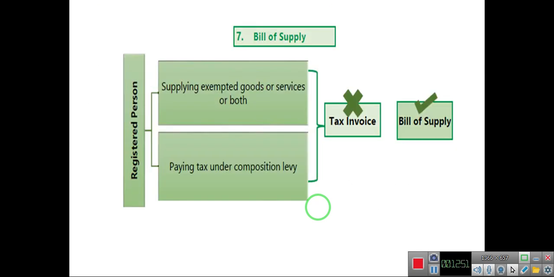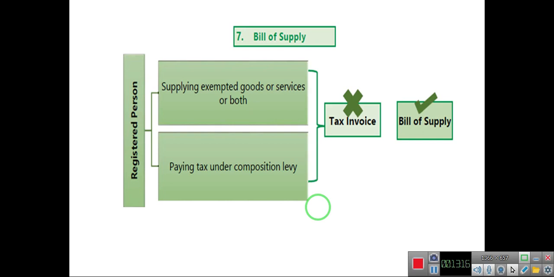When the supplier is an unregistered person, or he is supplying exempted goods or services, or the supplier has opted for composition scheme, in all these three cases, the supplier can't issue a tax invoice.